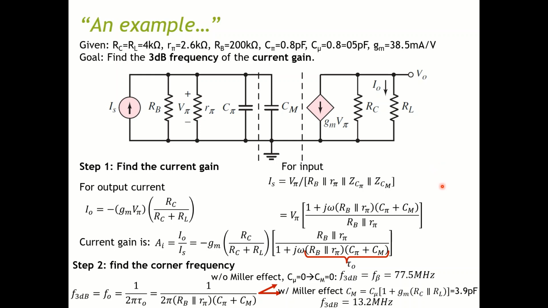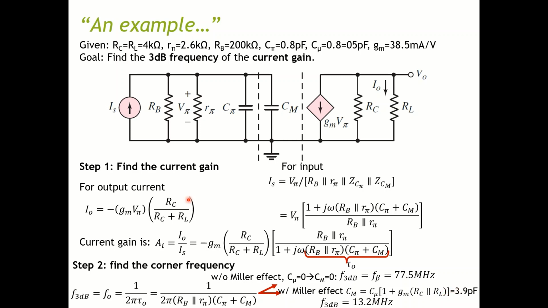when you take the Miller effect into account. If someone asks you what the Miller effect is in this circuit, you can basically use this factor 1 plus Gm times Rc parallel Rl. If you calculate this number, it comes out to around 78, and that will be your Miller effect.